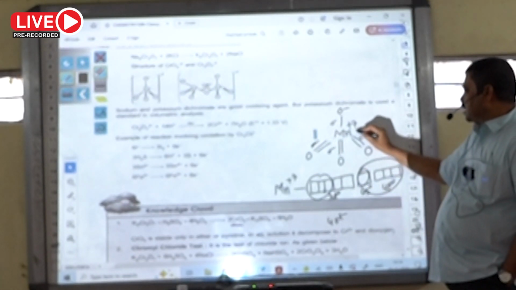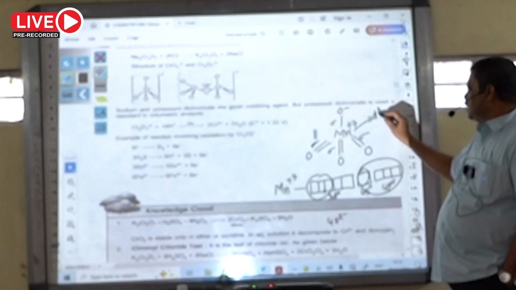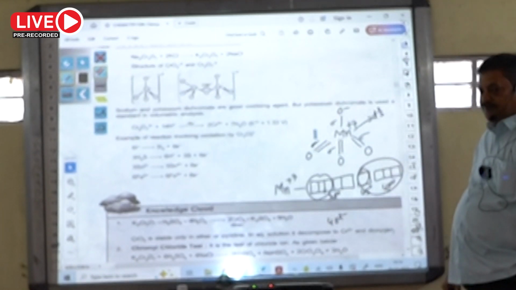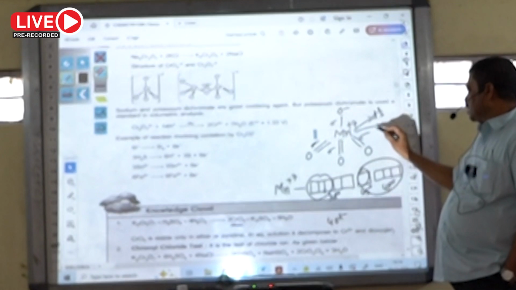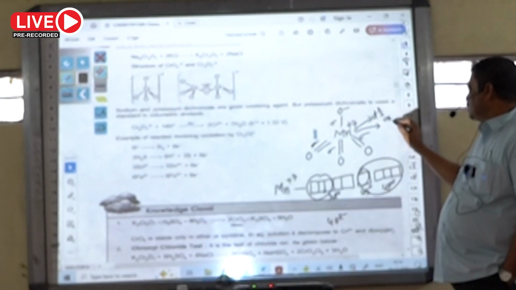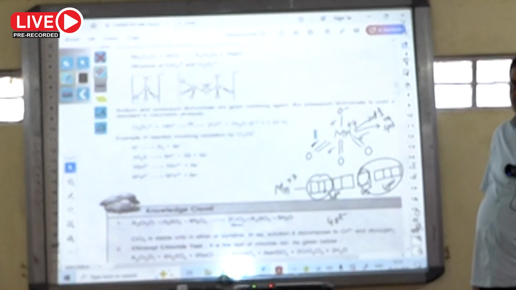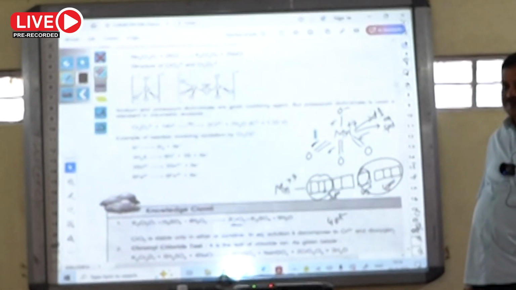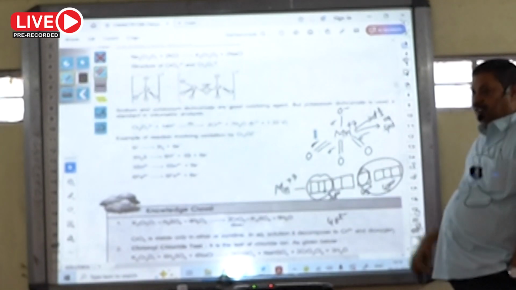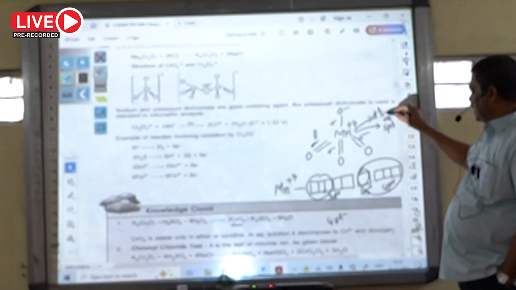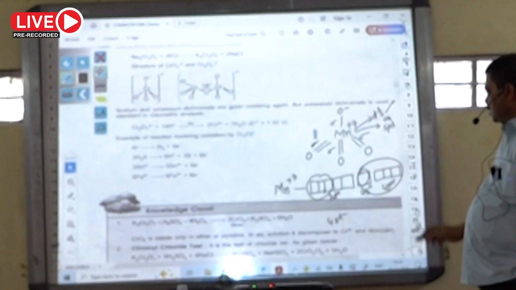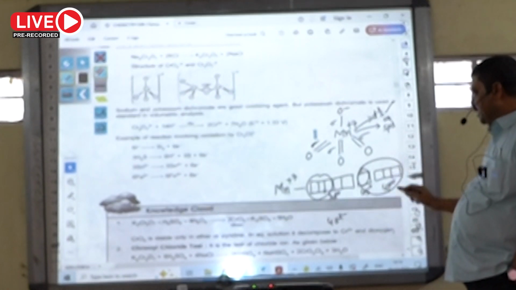Then the hybridization can become d3s. 2 hybridizations are possible, but only one is correct. The correct is d3s, because these are highly energetic.